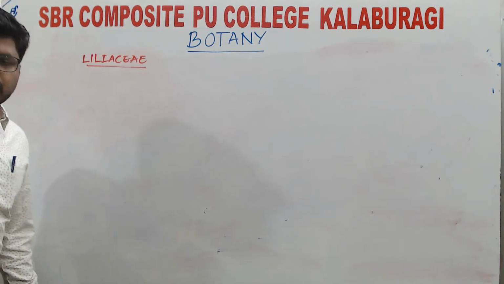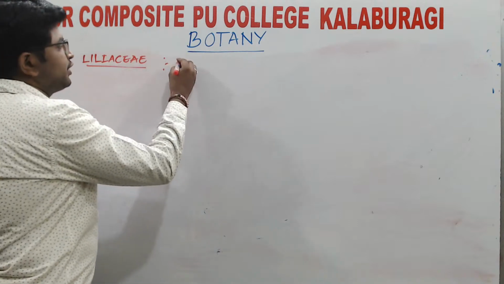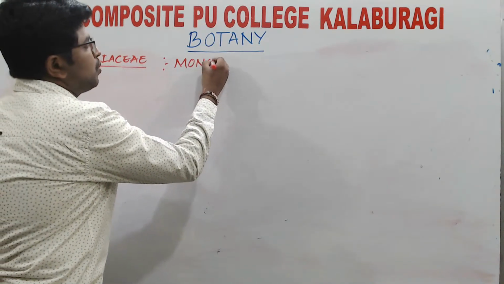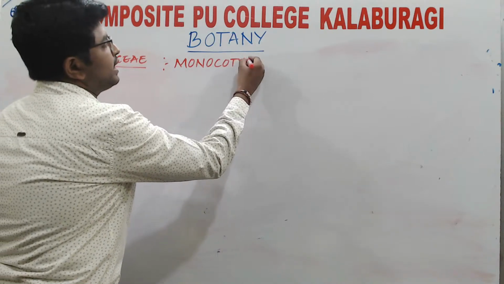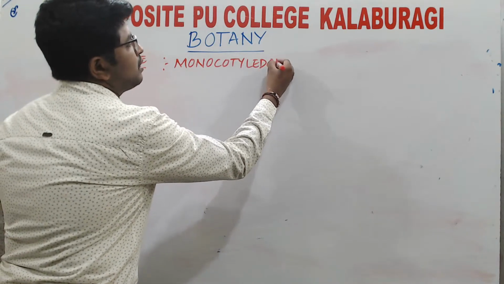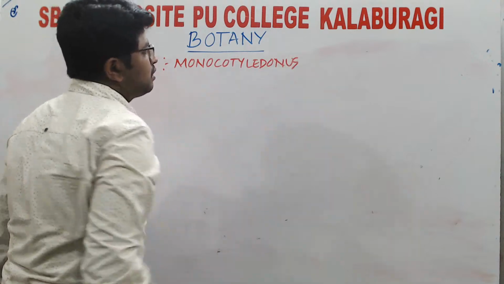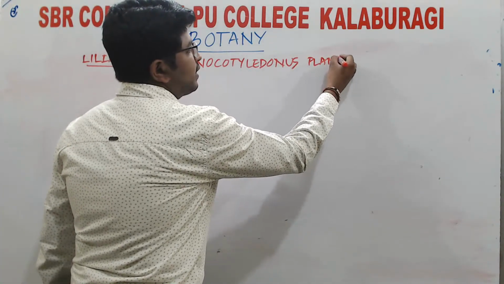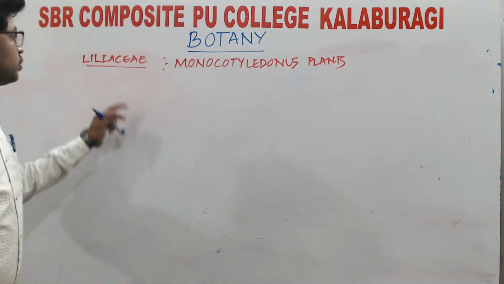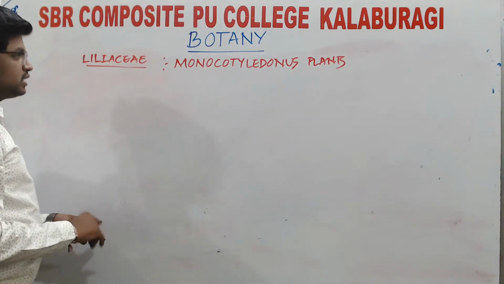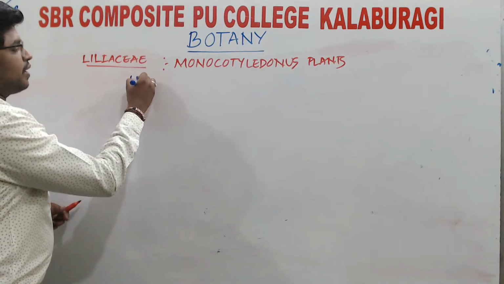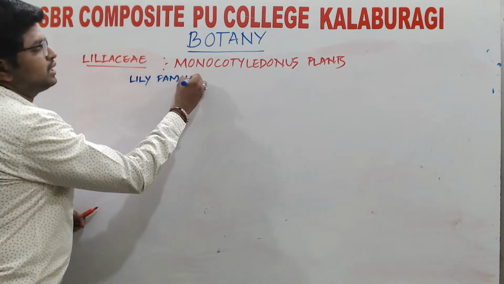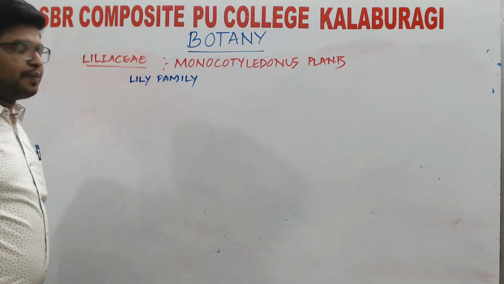Okay, it is also a very important plant. It is a representative of monocots, monocotyledonous plants. Whereas Solanaceae was dicot. So Liliaceae is normally considered the lily family. You know ornamental lilies. So they represent the lily family.